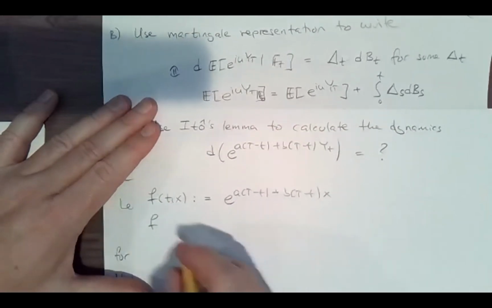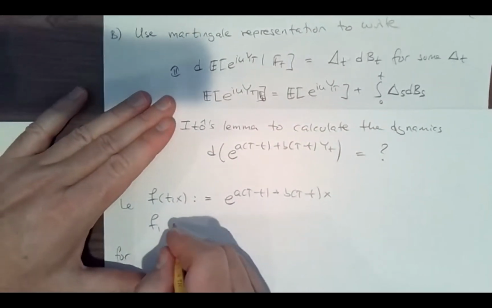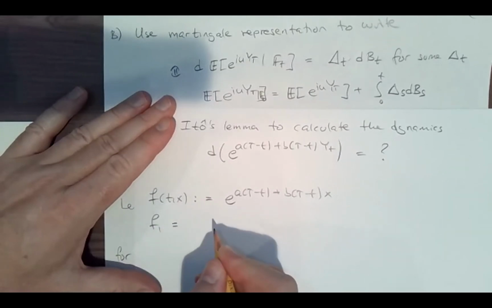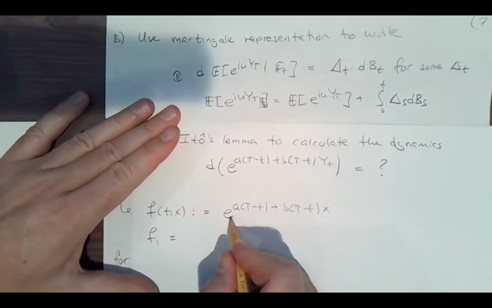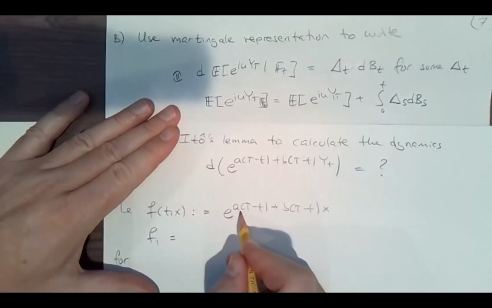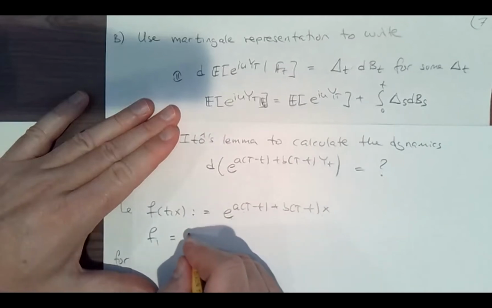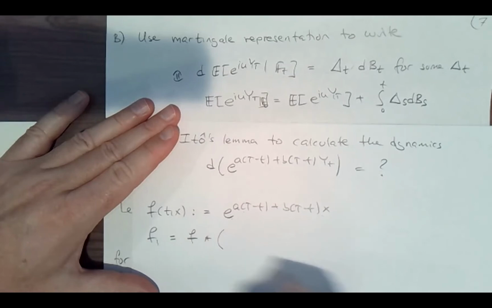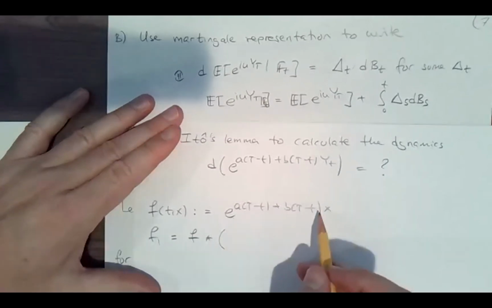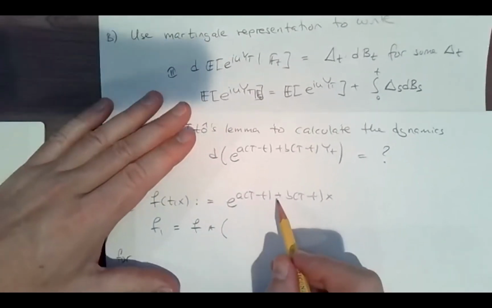The first derivative, I'm going to drop t and x's here, it's just too much to write. The first derivative is going to be what? That's going to be the derivative with respect to t. Okay, it's an exponential, so I'll get f back times something, and now I need the derivative of the inside with respect to little t.